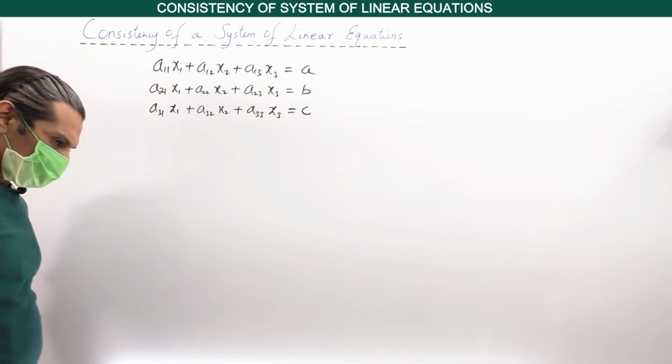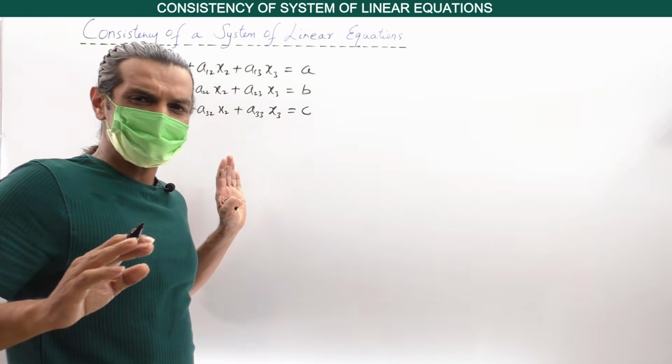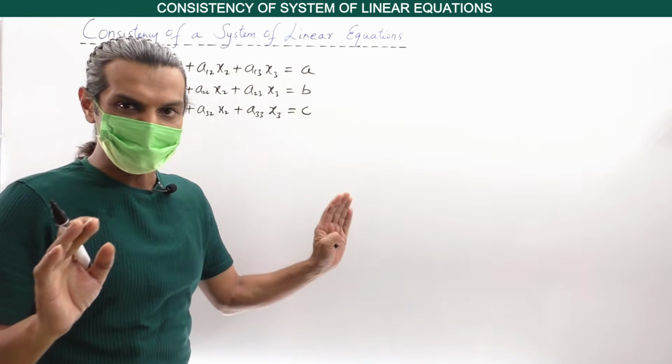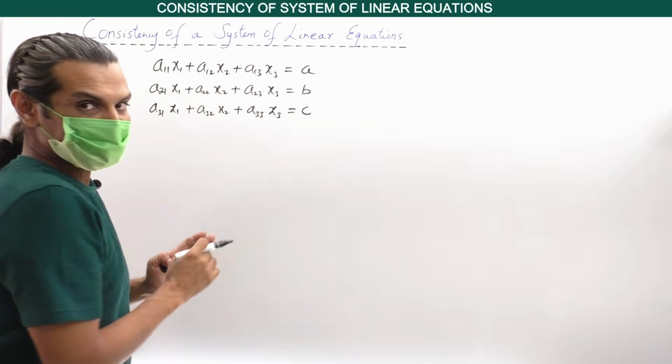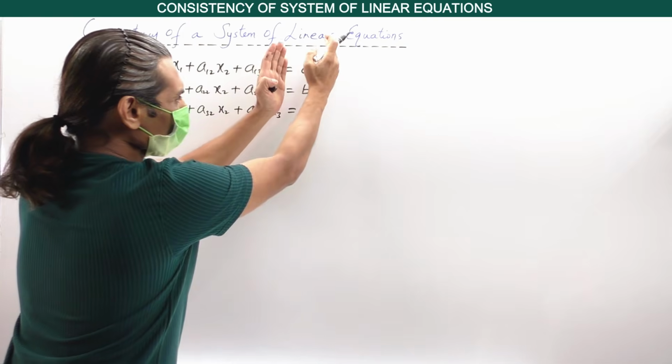Now, we do the same thing here that we did in the Gauss elimination method. We write this in the form of A augment B. That means we write the augmented matrix, the matrix A combined with the constants.